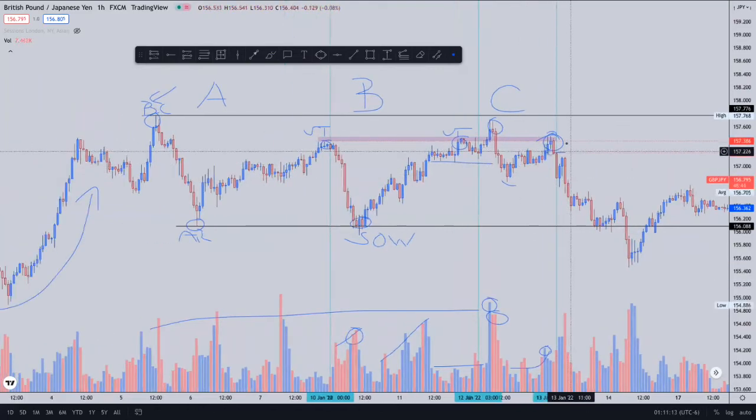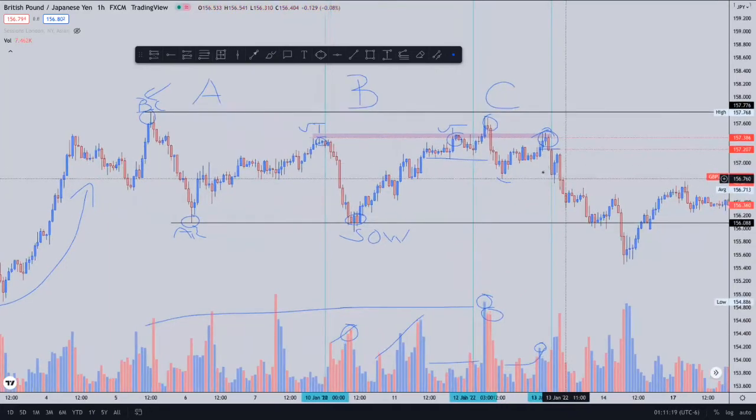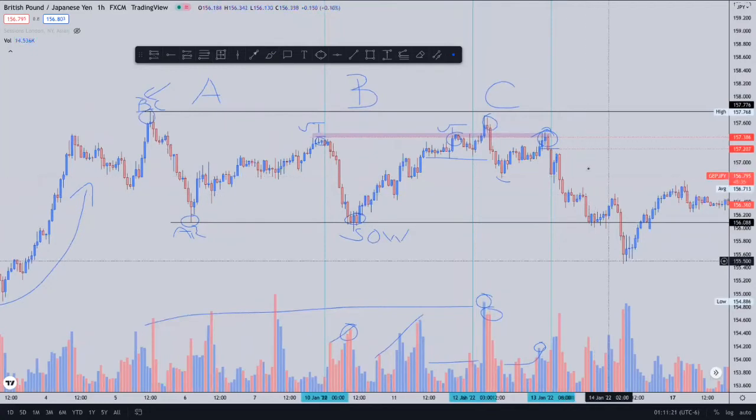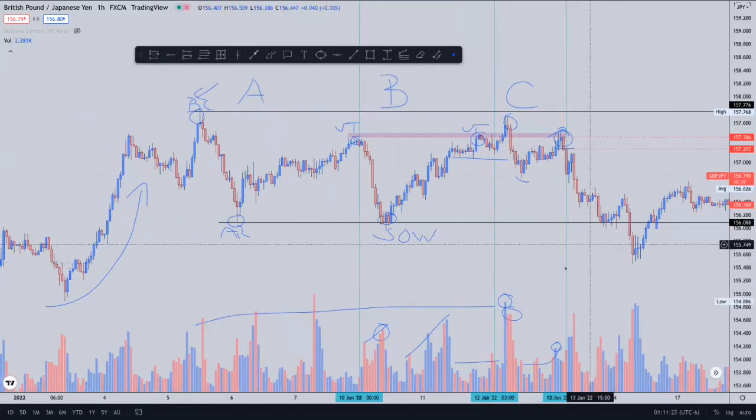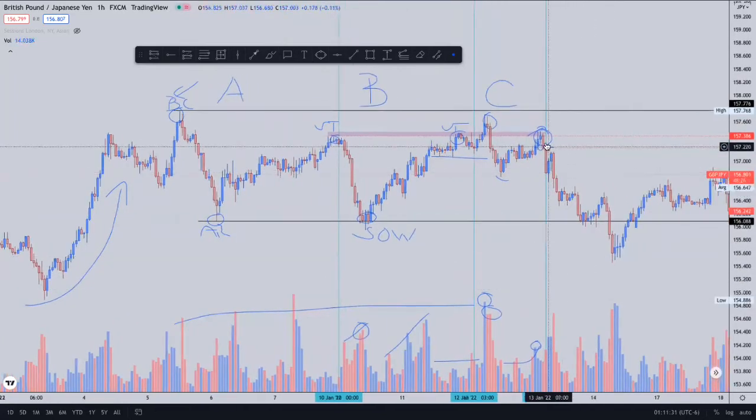It's definitely the preferred entry as far as risk reward goes. And from that point, you'll receive a larger payout if you're holding to the max potential. All right. So now we have our area of interest to entry on phase C.